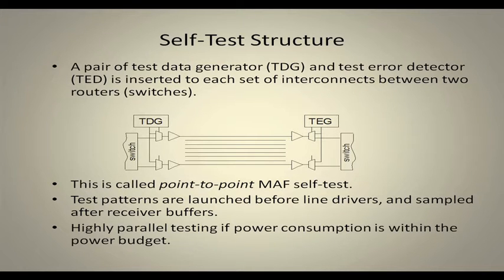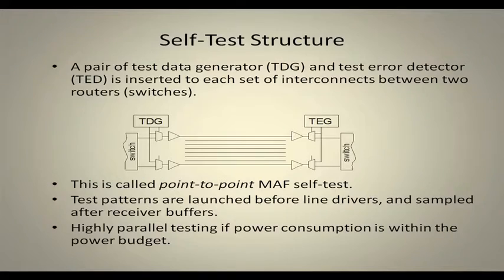Normally they use some sort of finite state machine to generate the test patterns for testing this fault model, so it will consume a huge amount of power. If the power consumption can be tolerated, then all the interconnects in the NoC can be tested in parallel.